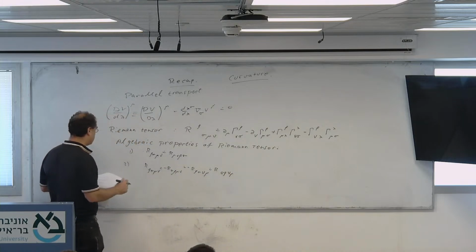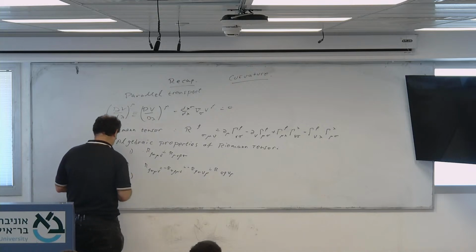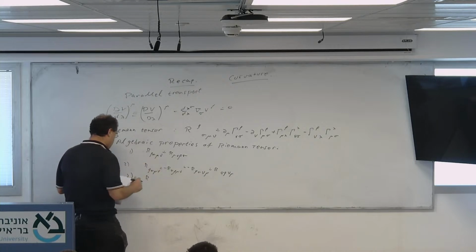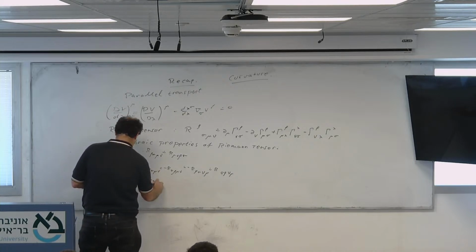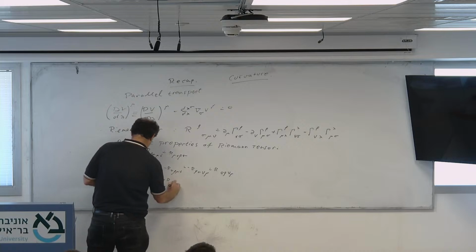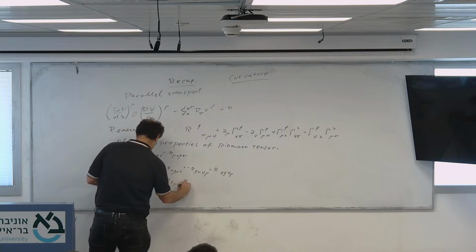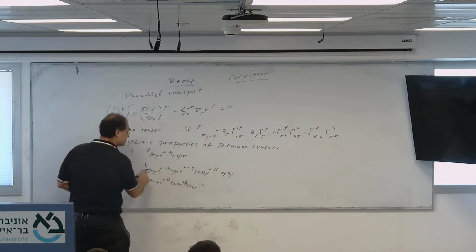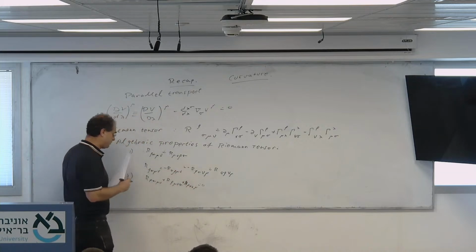And it's cyclic, again of only the last 3 indices: R_rho sigma mu nu plus R_rho mu nu sigma plus R_rho nu sigma mu is equal to 0. This is anti-symmetric with respect to any single index.